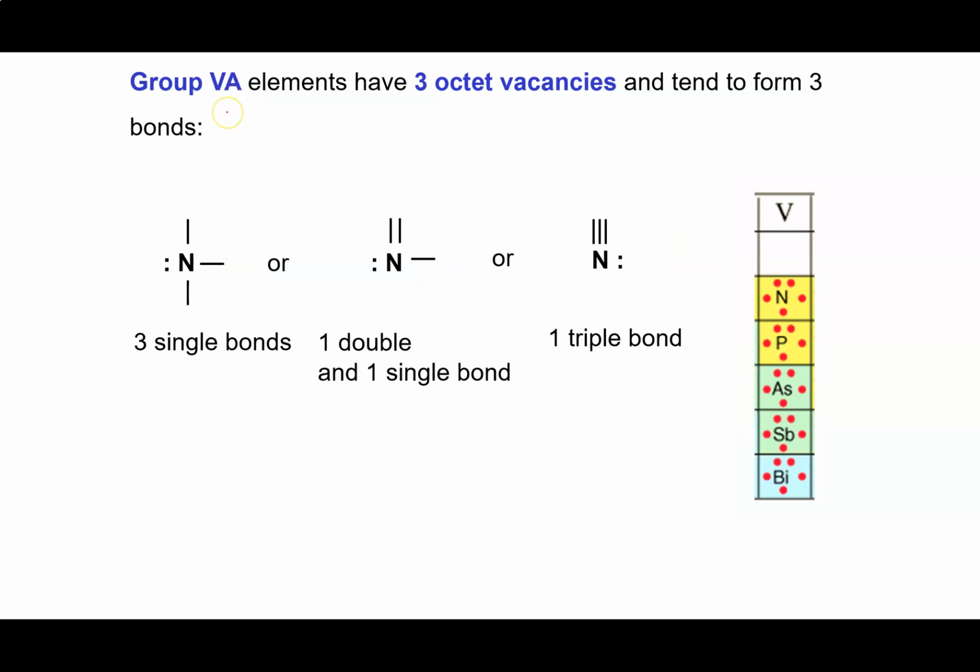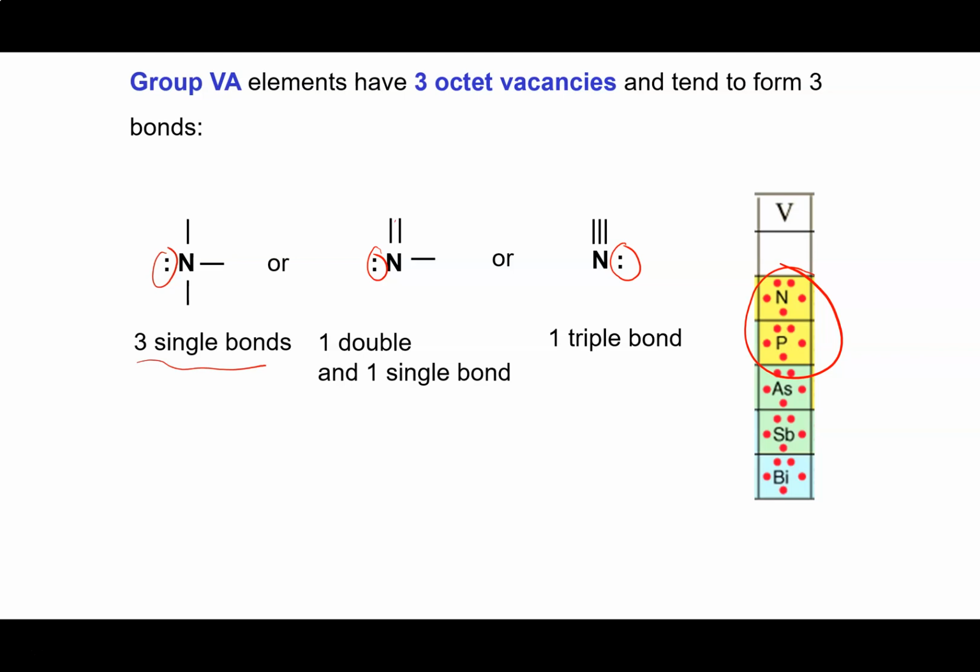The group 5A elements, that's the nitrogen group, they have 3 octet vacancies, so they can do a little more. They can form 3 single bonds with 1 lone pair, they can form a double and a single with 1 lone pair, or they can form a triple bond with 1 lone pair. But you'll see in all 3 cases, the total number of bonds adds up to 3 bonds.